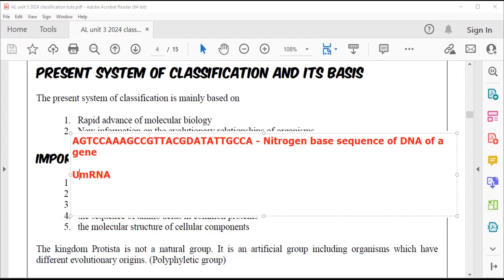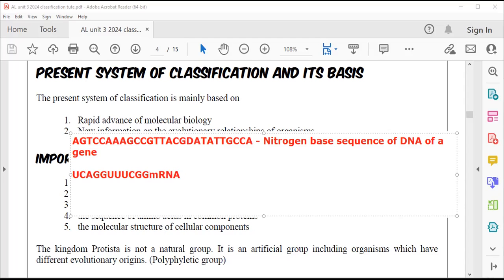Uracil. What is the complementary nitrogen base for guanine? Cytosine. Then thymine, adenine. Then cytosine, guanine. Correct? Yes, sir. Thereafter, A there, here it is going to be U. Thereafter, GCC there, here it is going to be CGG.